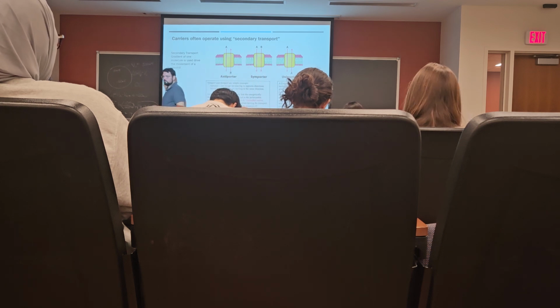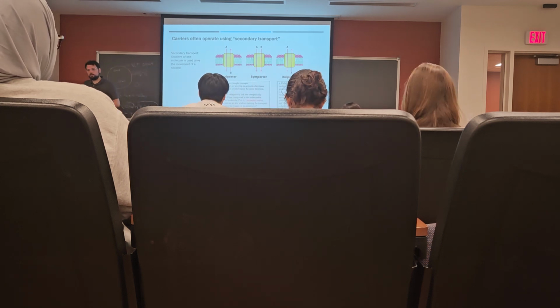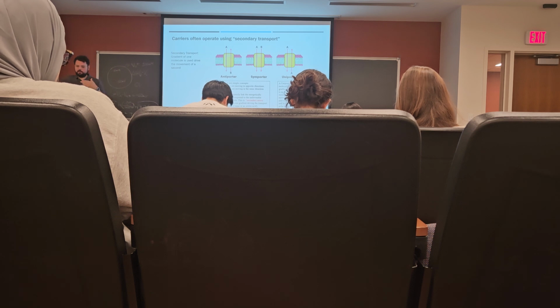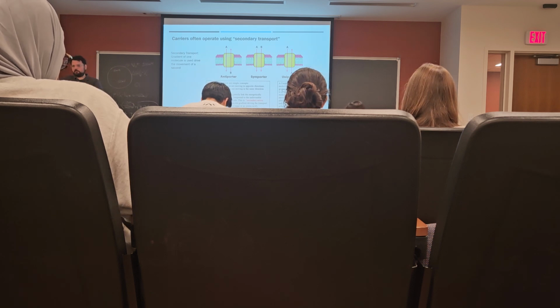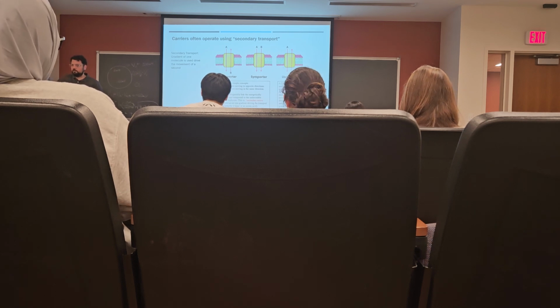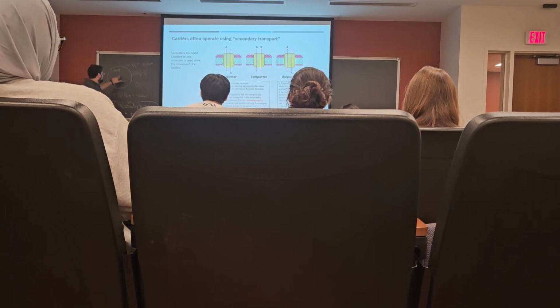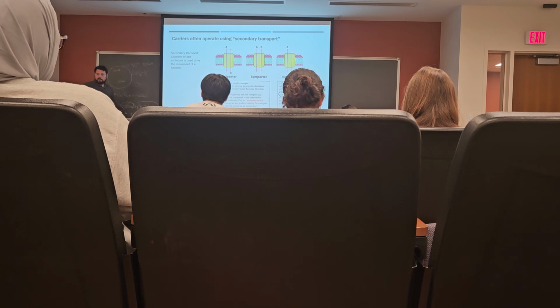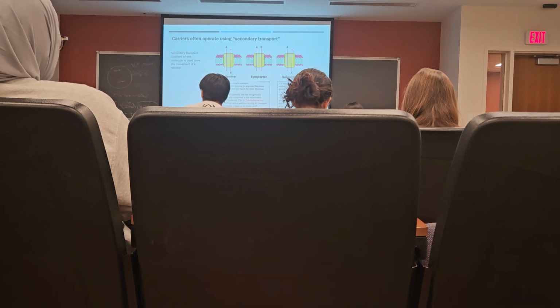Additionally, these channels are almost always gated. They have a literal gate that either closes them or opens them. They can be gated in a few different ways. We can have a voltage-gated channel, where the voltage of the cell itself either opens or closes the channel, or we can have a ligand-gated channel, where the presence of some ligand opens or closes the channel to a specific molecule.